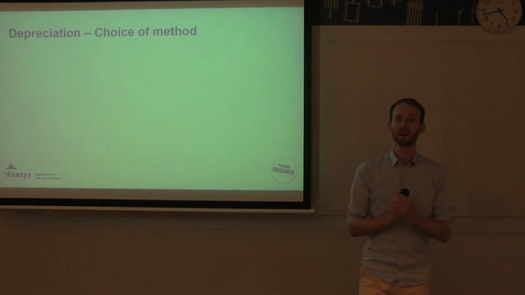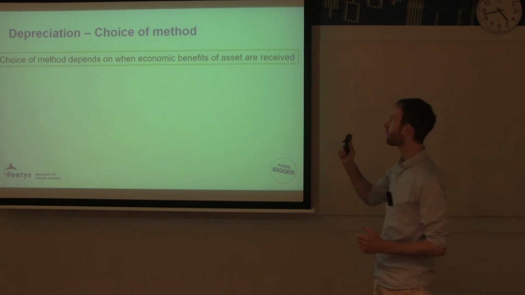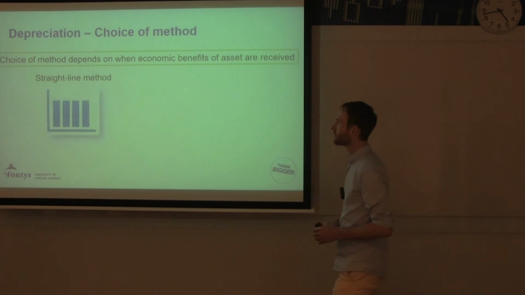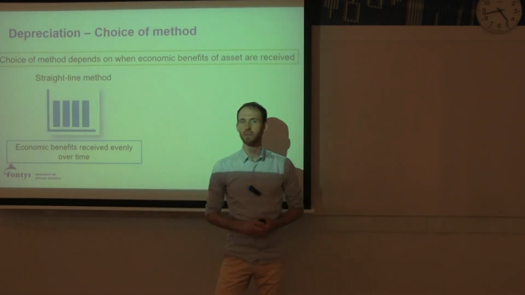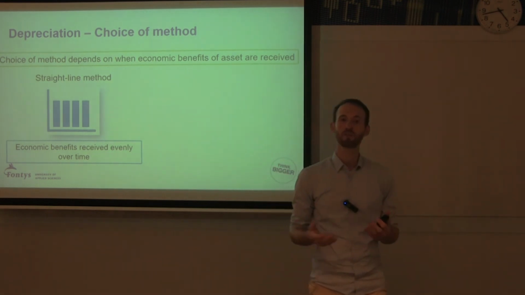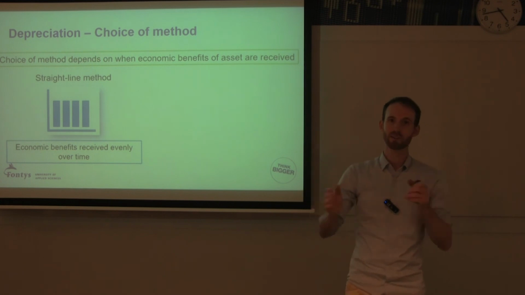So how do we now decide which method to use? Basically, the choice of method depends on when the economic benefits of the asset are received. So the straight line method is used when the economic benefits are received evenly over time, so when the asset actually provides to you the same economic benefits from year 1 to the end of its life.